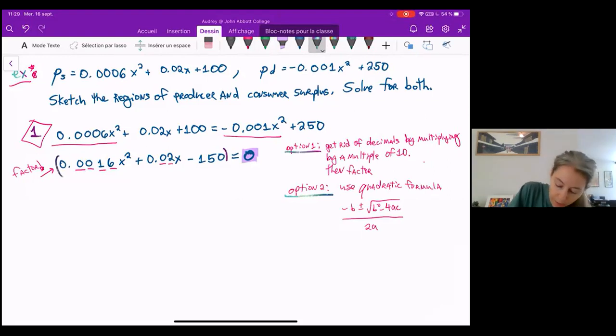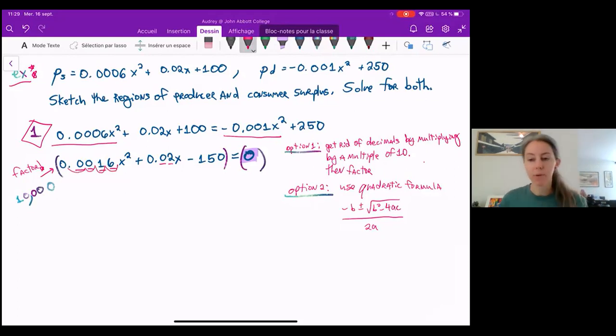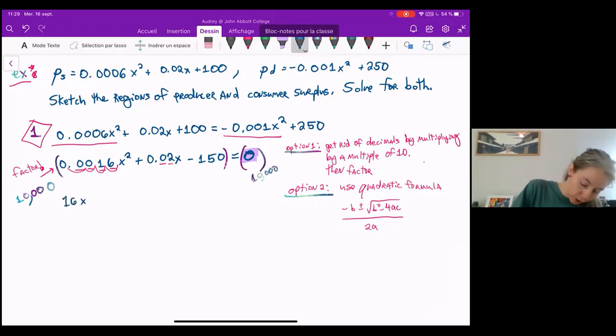So I'm going to multiply both sides of this equation by 10,000, those 4 zeros, so that I can move the decimal 1, 2, 3, 4 places to the right. So what I'll have left when I'm multiplying both sides by 10,000 is 16x squared.